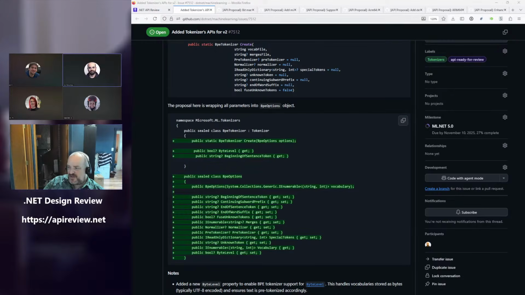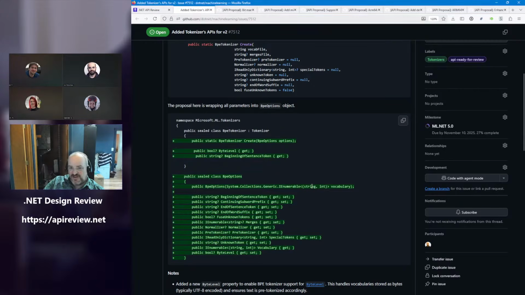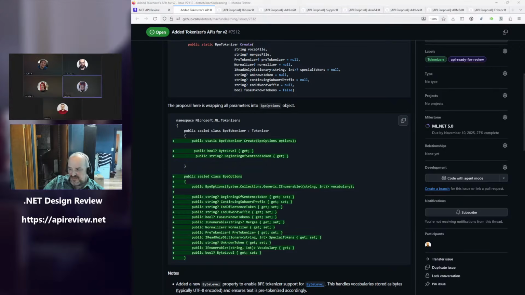Well, it's not UTF-8, it's ASCII. If you set byte level to true, you're promising that all of these strings are ASCII 7, maybe ASCII 8. That doesn't seem to be what byte level BPE refers to. It seems like that does support Unicode in general. But ASCII is from 0 to 127, or 0 to 255, depending on if you're doing ASCII 7 or ASCII 8.